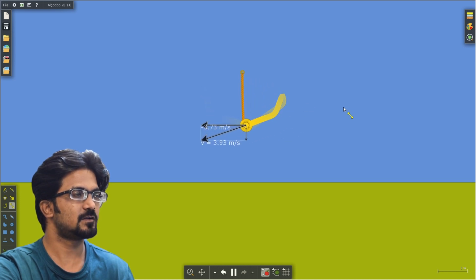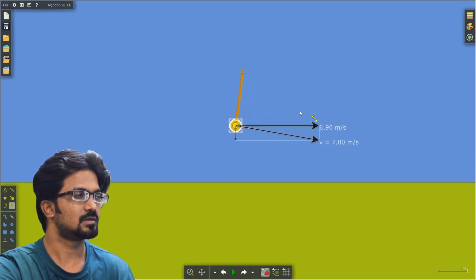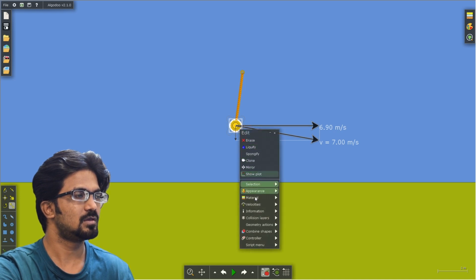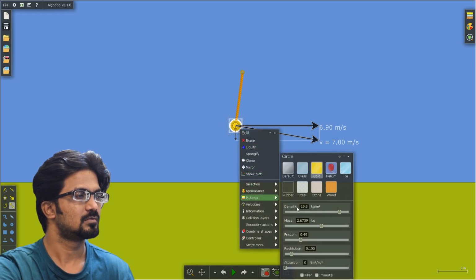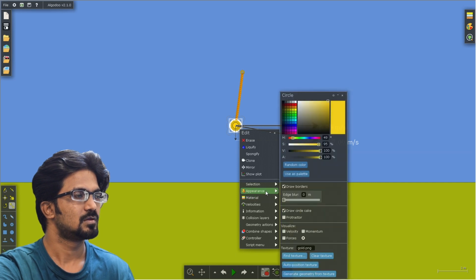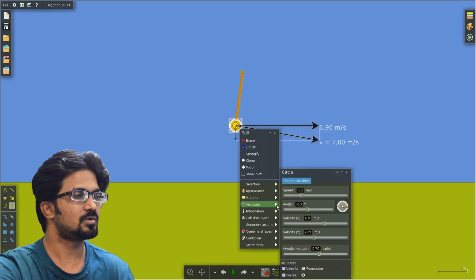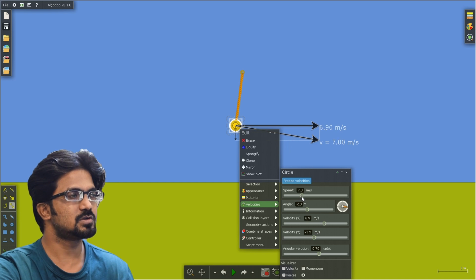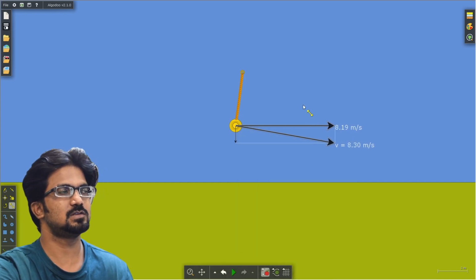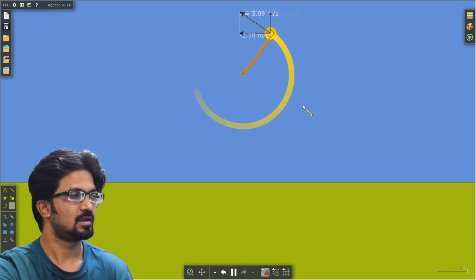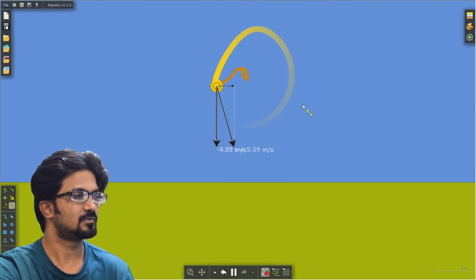So let's increase the velocity further. Let's say, what about 8? Our goal is to reach the highest point. So almost we have reached, but it falls back at 8 meters per second.